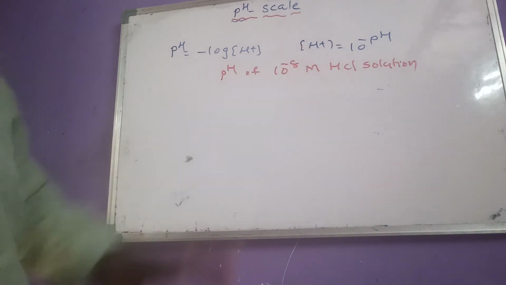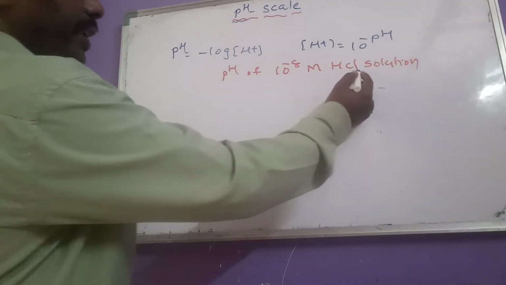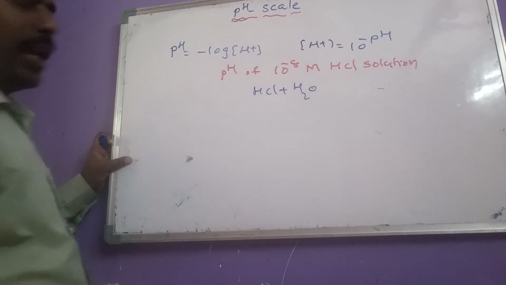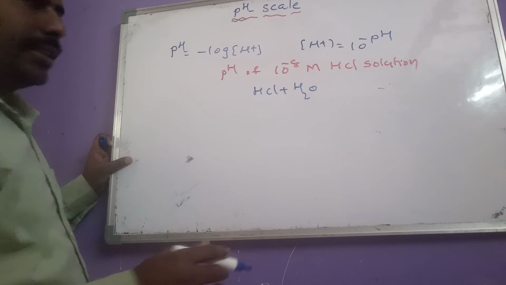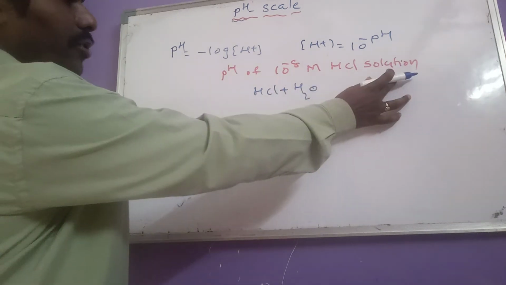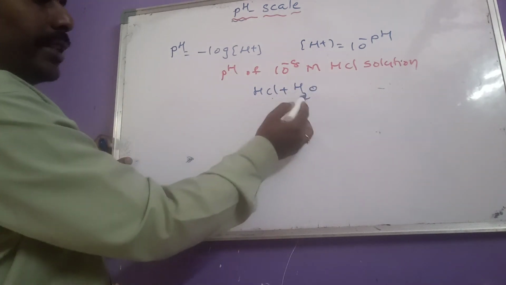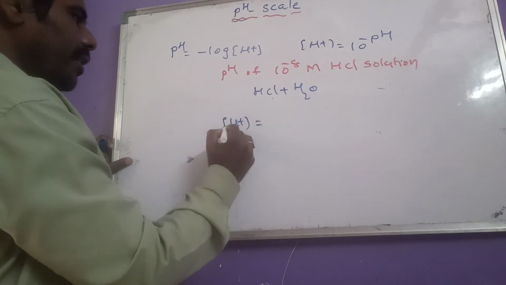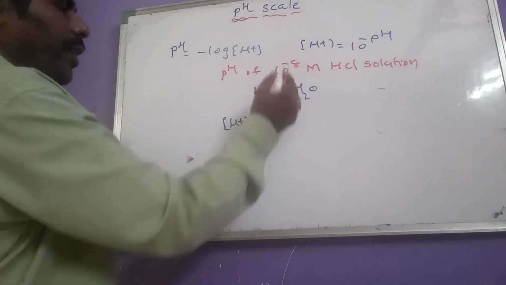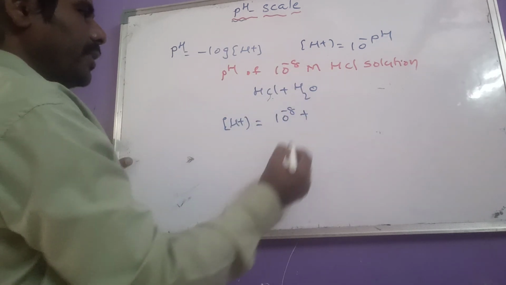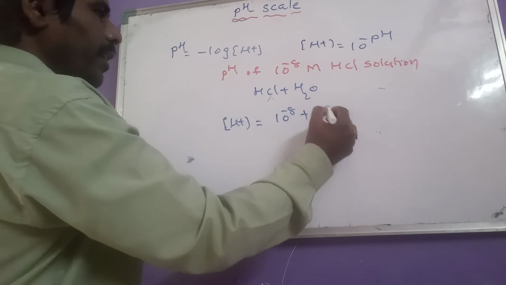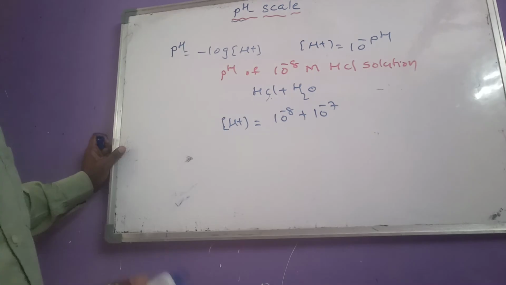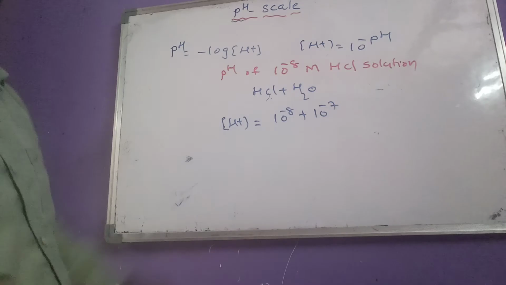How we have to solve this question? Let us see. Here they have given an HCl solution. HCl solution means we have to add HCl to water. That means this HCl solution contains both HCl and water. So we have to calculate the H plus ion concentration. From HCl we are getting 10 power minus 8, and from water, what is the H plus ion concentration? We learnt in the ionic product of water, 10 power minus 7.